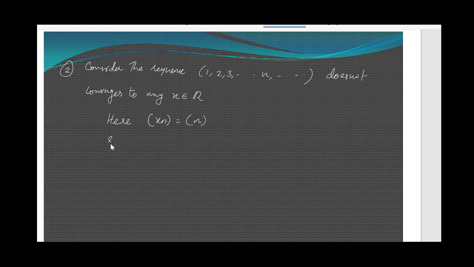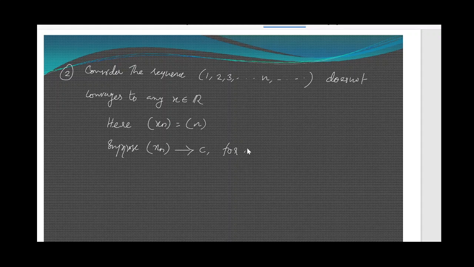Now suppose the sequence xn converges to some c, for some c belonging to R. Now if we get a contradiction, we can conclude that this xn cannot converge to any real number. Now we have assumed that xn converges to c.